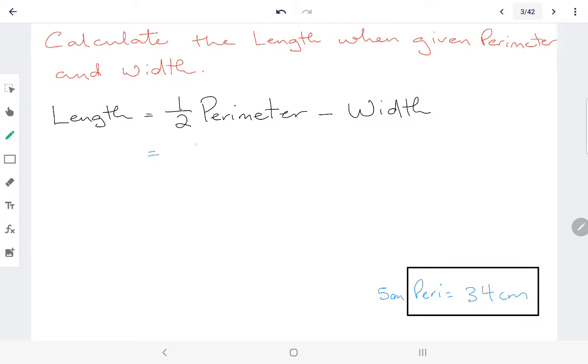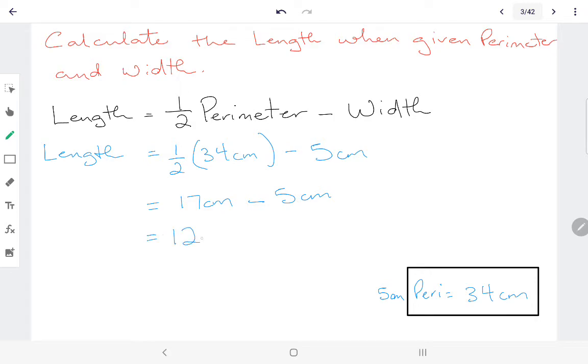So applying the formula here now, we know is half, so the length is equal to half the perimeter, so half of the perimeter is 34 centimeters. Take away the width, we know the width is 5 centimeters, so half of 34 is 17 centimeters. Take away 5 centimeters and that will give us 12 centimeters. So we know that the length is equal to 12 centimeters.